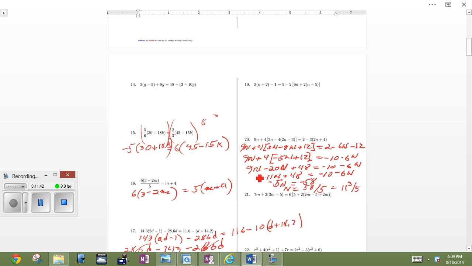We had 9n out front. We're going to subtract. Okay. 9n minus 20n is negative 11n plus the 48 over here. Again, we had some combining to do, minus 12, negative 10 minus 6n. Okay. And then we add 6n to both sides. Brings us up to negative 5n. Subtract 48 and negative 58. And looks like that's it.